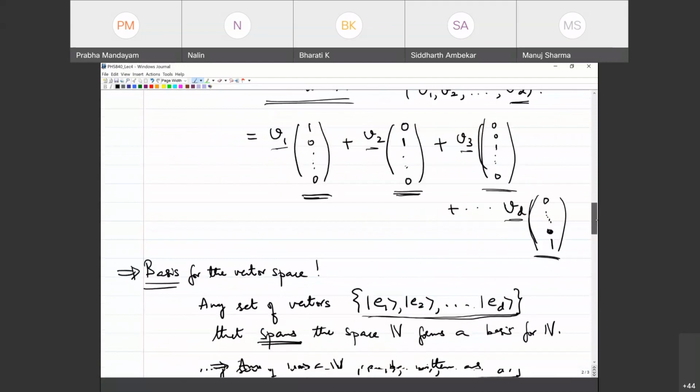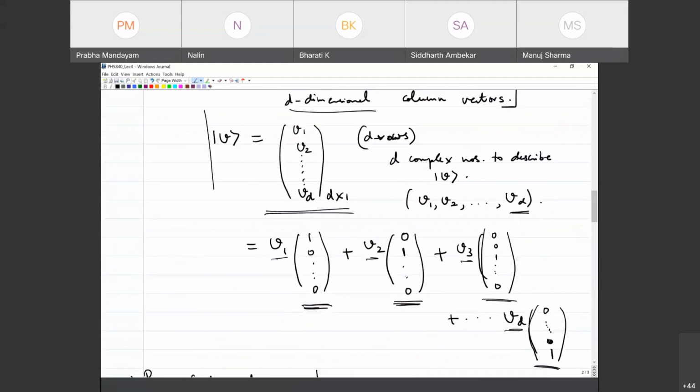Of course, the qubit case, maybe we'll dwell on that in detail. So the qubit space, C2, is a specific case of the C^d space that I just defined for you.